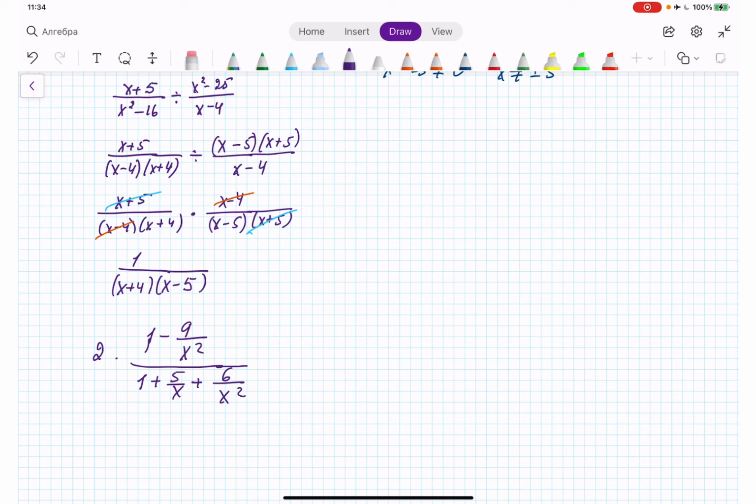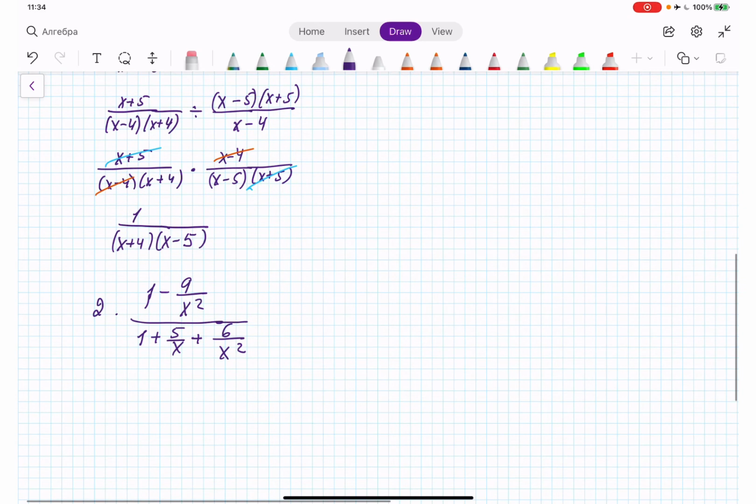All right, let's solve it. So what am I going to do here? I'm going to bring to common denominator, combine these two fractions in the numerator and combine these three fractions in the denominator. So let me work this out.